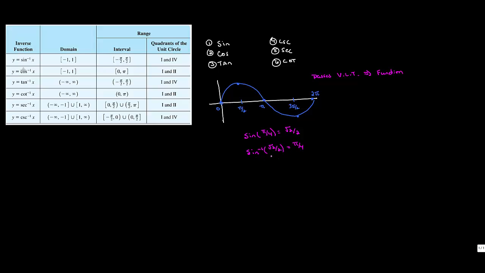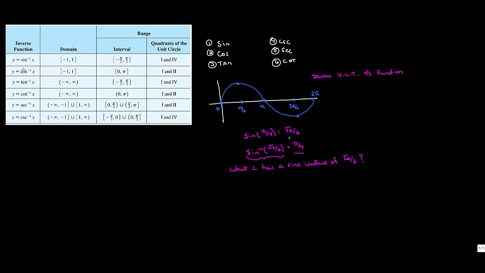So what this says is, what angle has a sine value of square root of 2 over 2. That's the question that this is asking right here. And so we got an answer out of pi over 4, because clearly the sine of pi over 4 is square root of 2 over 2.